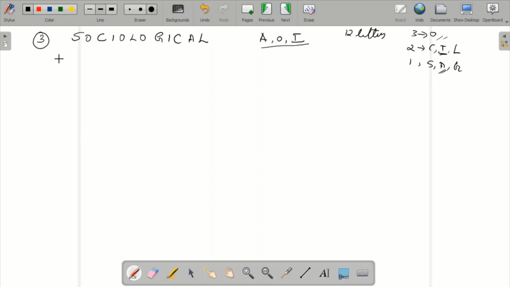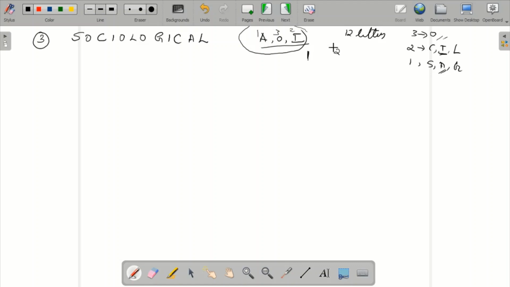In this sociological, I'll first explain, then we'll write the statement form. These A, O, I should be adjacent, so you take these terms as one single term. How many A's we had? 1 A, O we had 3, I we had 2. So it is totally 6, we are taking it as single.